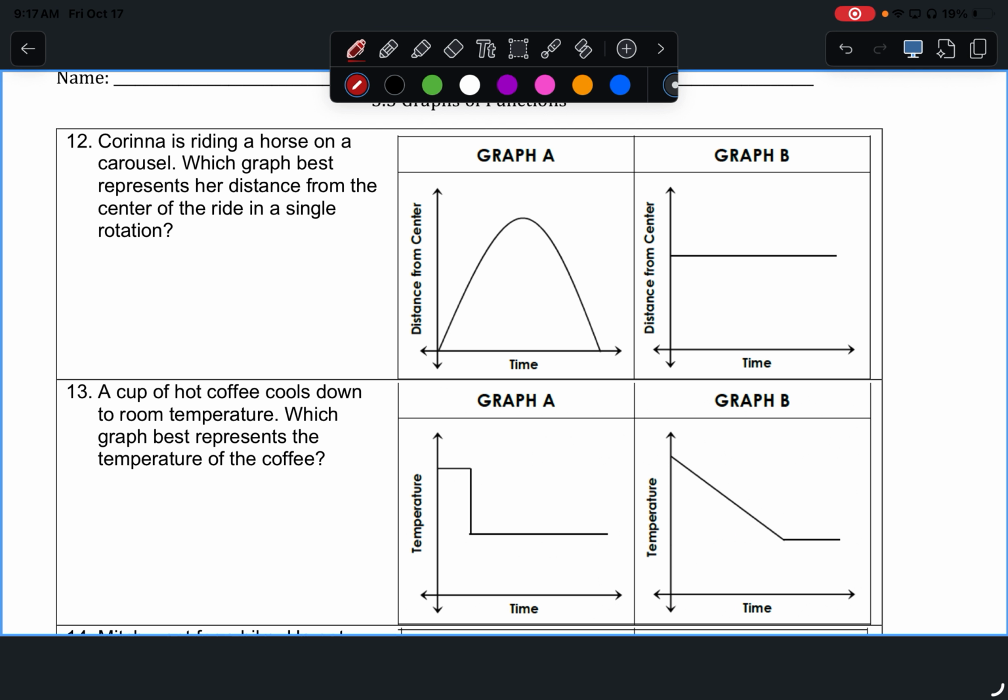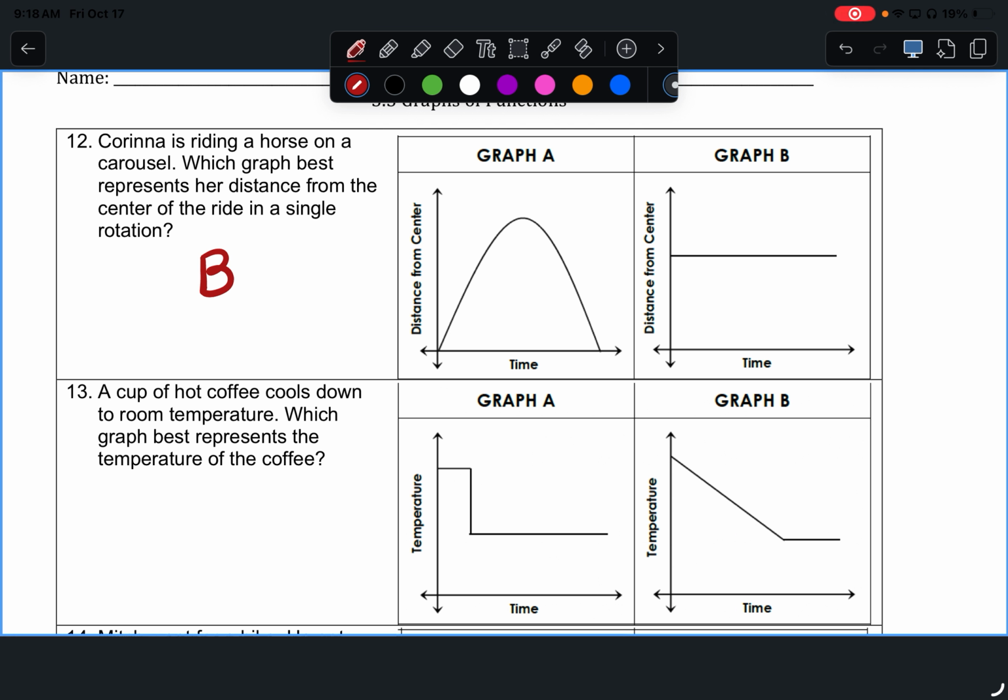B. Why is it B? On a carousel, you are not getting further from the center. You are just riding around the center, going around the circle, right? That's what's happening on a carousel. You're actually not changing your distance.